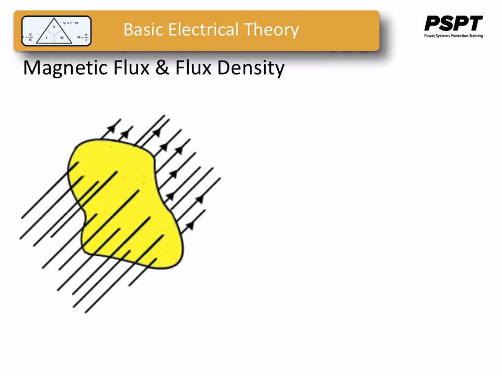When analyzing magnetic fields, we need to further define them as being made up of magnetic lines of flux. A flux line is demonstrated here, and again, we can't see them, but we can imagine them going through a particular surface.